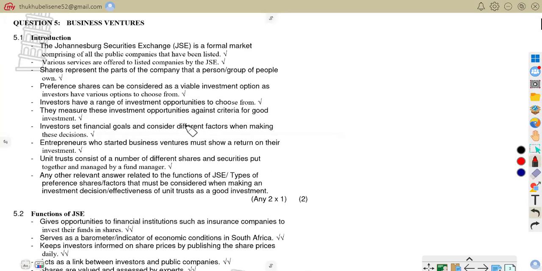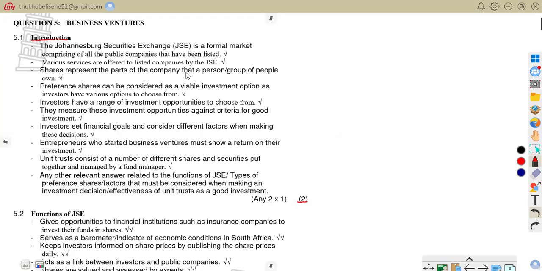Before we can write our essay, we are first going to start with the introduction. Here are our answers. The introduction is 2 marks, like it says.